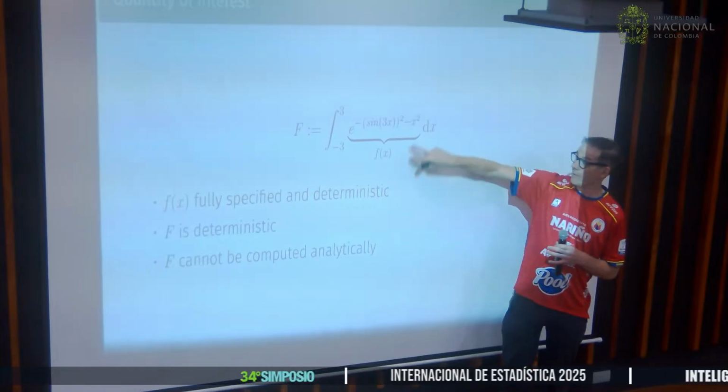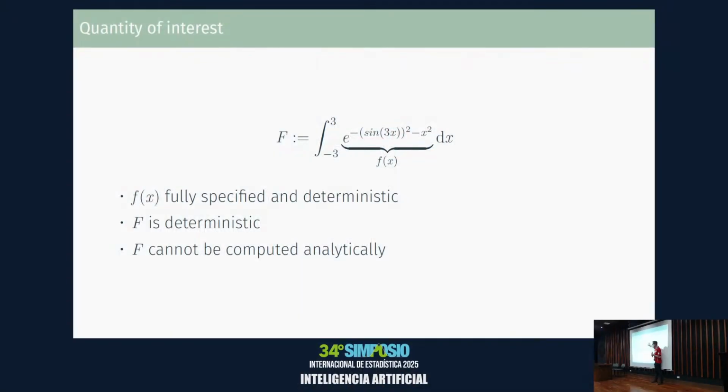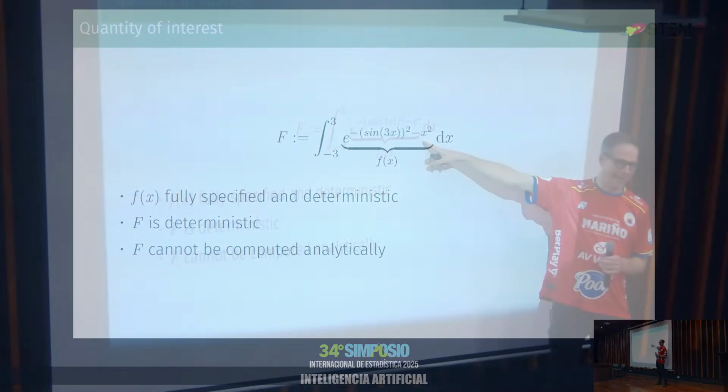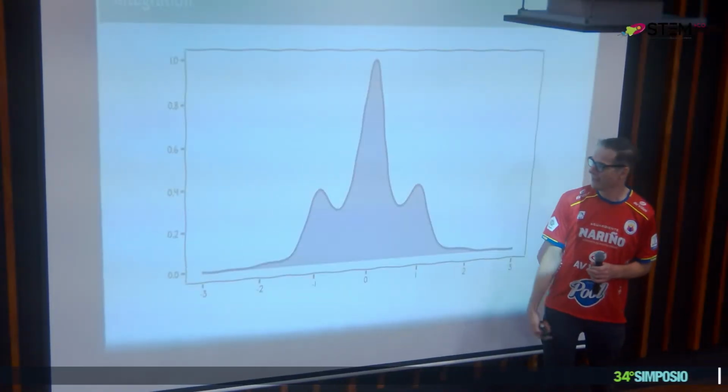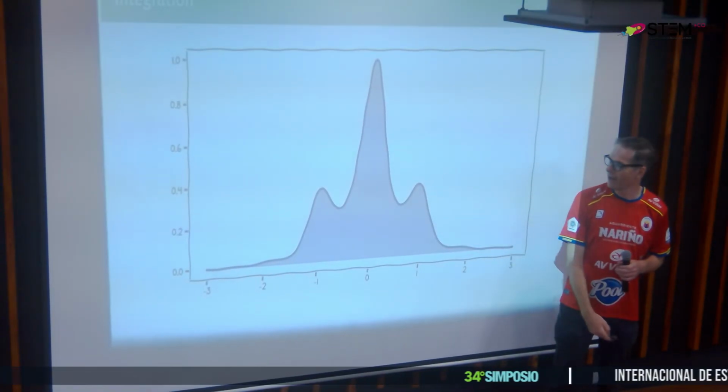So I know the integrand, but I don't know the quantity of interest. It's intractable. Either I can just say, okay, I'm just going to do linspace and hope for the best. But I know loads of things about that function. Why should I throw that information away? That's how it looks.